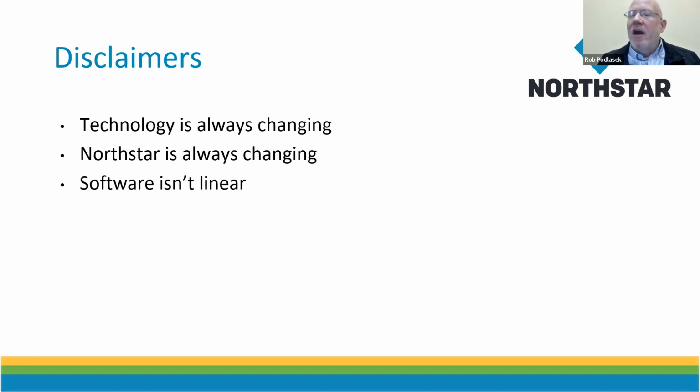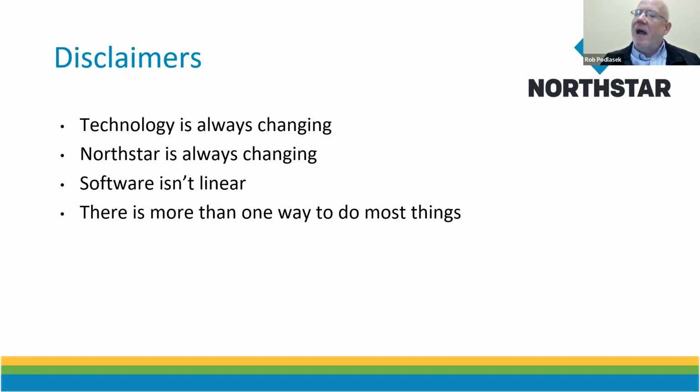Software isn't linear. I know some people want to know, what do you do first? What do you do second? What do you do third? Well, you could do this first and second and third, but you can also go about it this way. I'm going to talk about 1 or 2 ways to do something, but recognize the process is different depending upon how you're using it. As with all software, there's more than one way to do things. How do you copy and paste in Word?